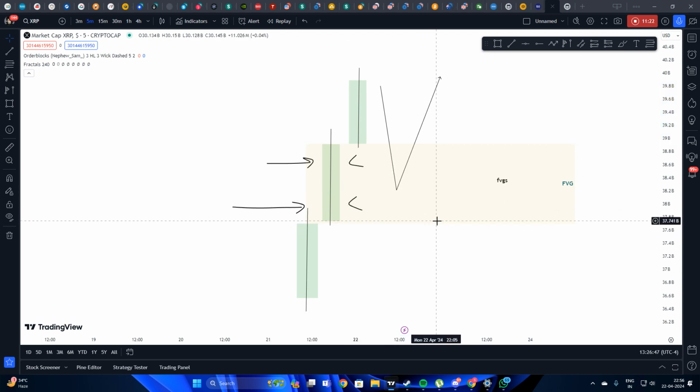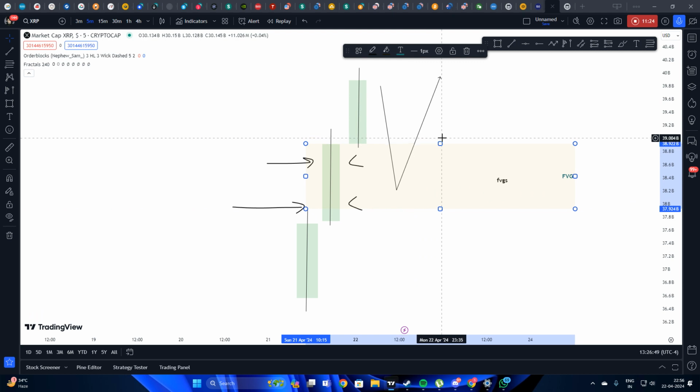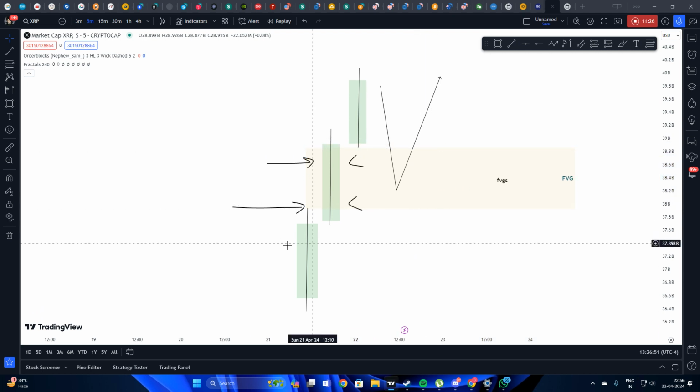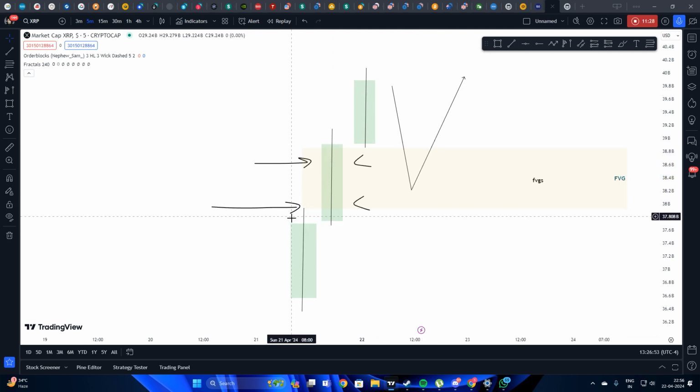So this makes an FVG of a good kind. You start making the FVG from the top of the leftmost candlestick wick to the bottom wick of the rightmost same colored candle, and this makes an FVG.